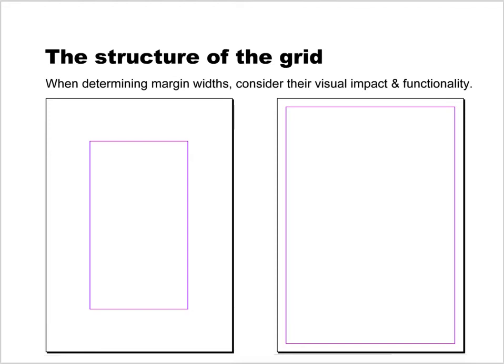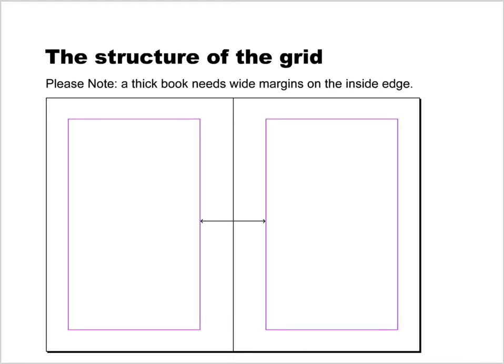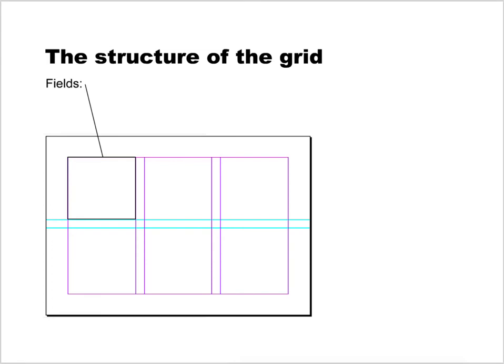When determining those margin widths, though, we do need to consider visual impact and functionality, and this is the work that those designers we spoke about before, Van der Graaf and Tschichold, were investigating. How the impact of grids and layouts could be controlled by things like the golden ratio and that sort of stuff. Thicker publications require wider inside margins.